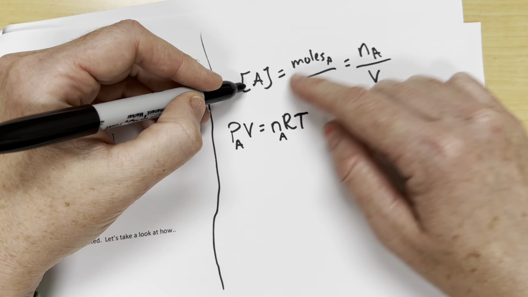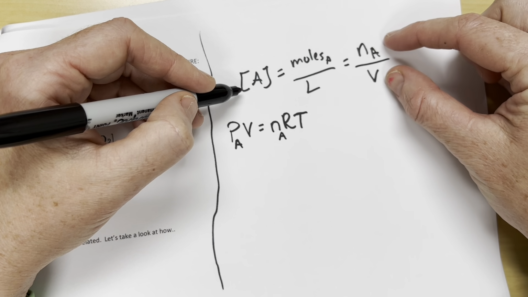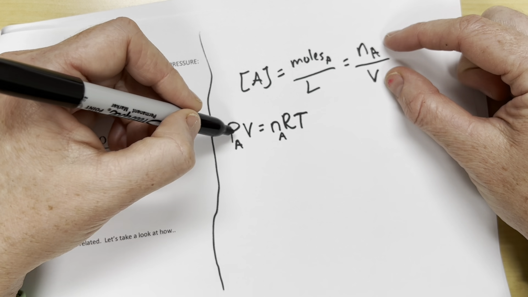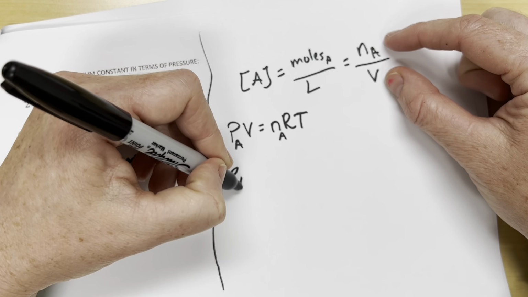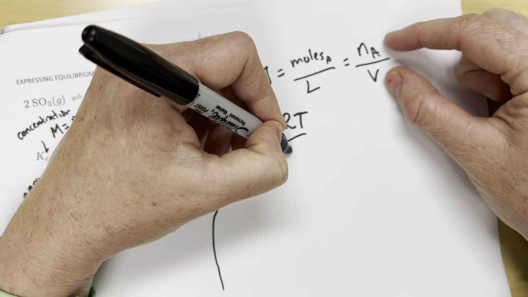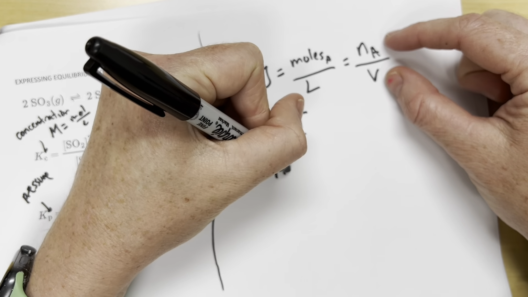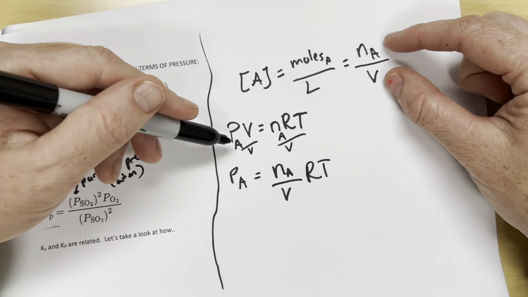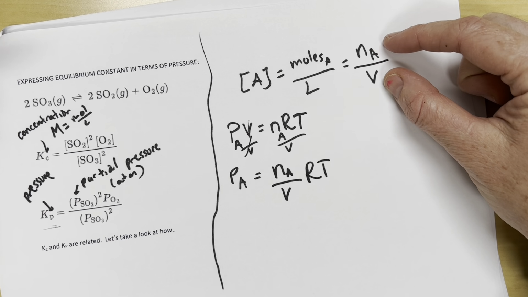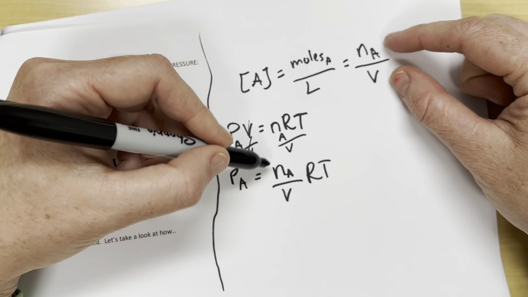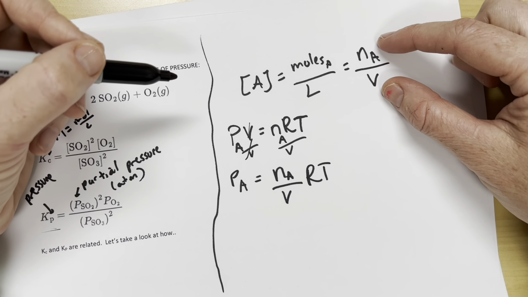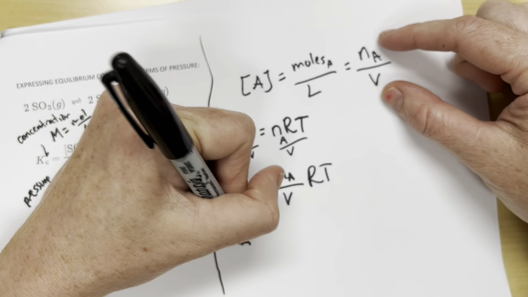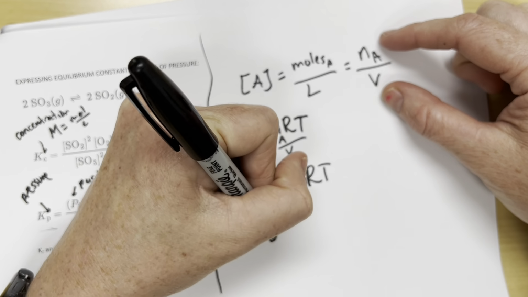We know that the concentration of A is n over V, and we can solve here for that part. So I take P_A and divide both sides by V, and that equals n_A over V times RT. I just moved V over here, divided each side by V, and that gave me n_A over V, which we should recognize is up here. n_A over V also equals the concentration of A. That's by definition what the concentration is. It's moles over liters.